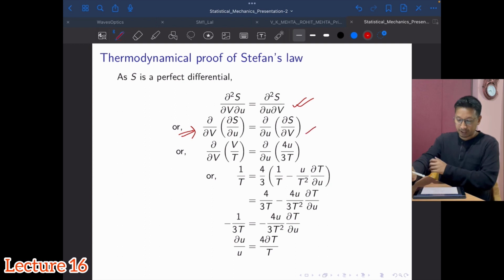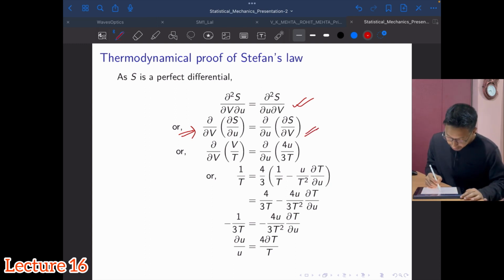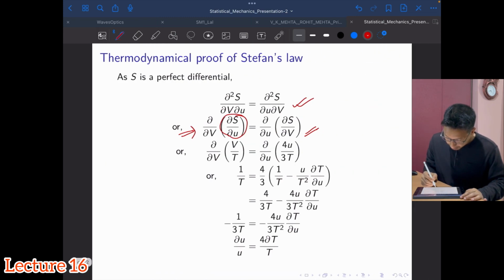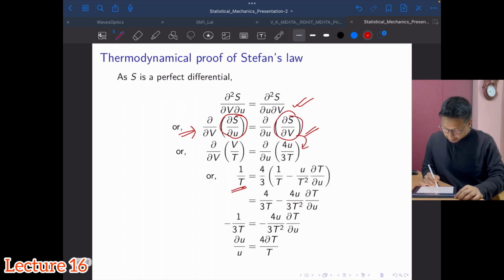Now substitute for del s by del u, which we know from here is v by T. Similarly, del s by del v is 4u by 3T, which we have to differentiate with respect to u.